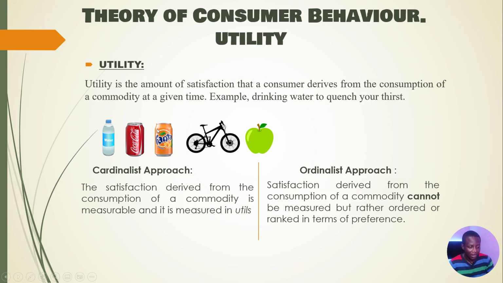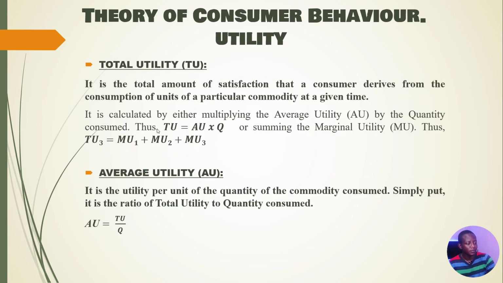That's the ordinalist approach. Today we are going to take a look at the cardinalist approach, that's utility. In the next video, we will take a look at indifference curves, which go by the ordinalist approach.